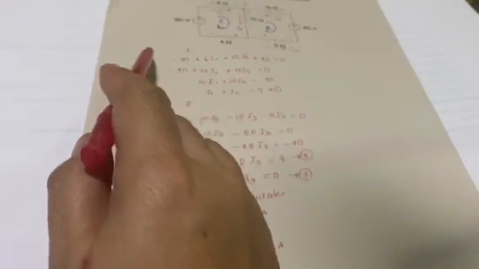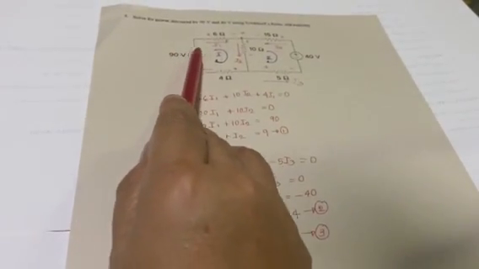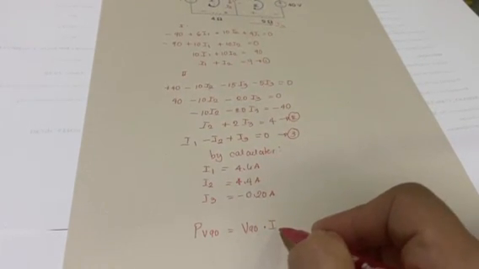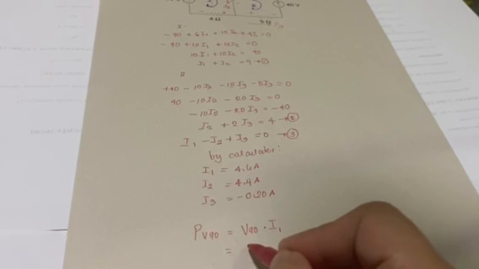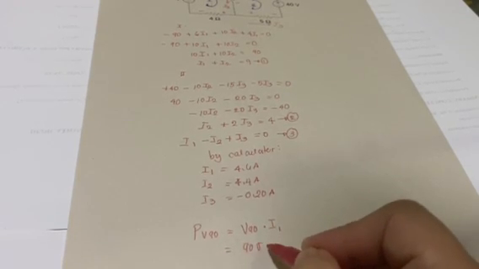The current that passes through your 90 volts is I1. Therefore, 90 volts multiplied by my I1, which is 4.6, gives you an answer of 414 watts.